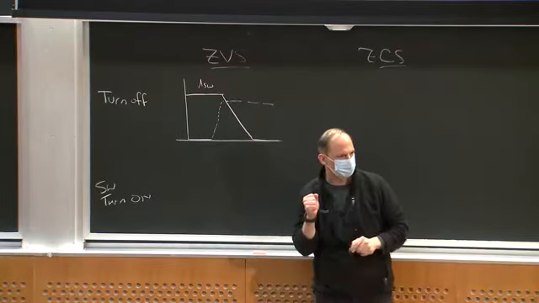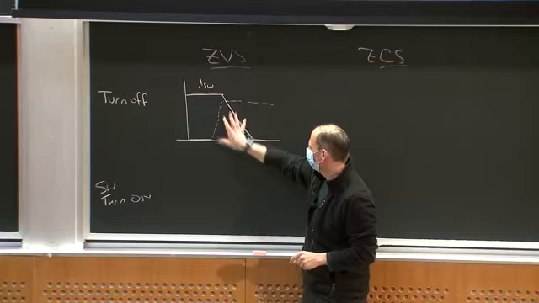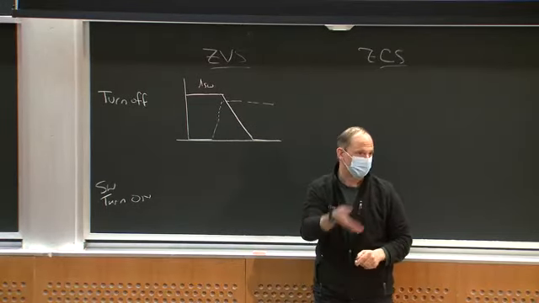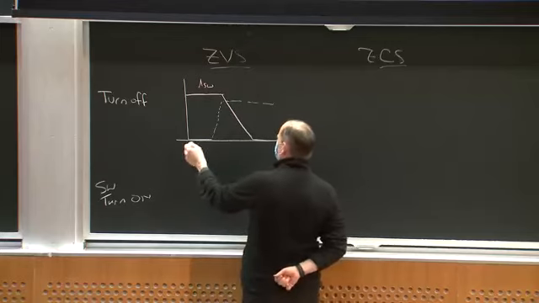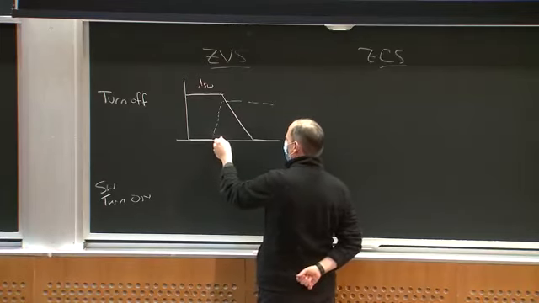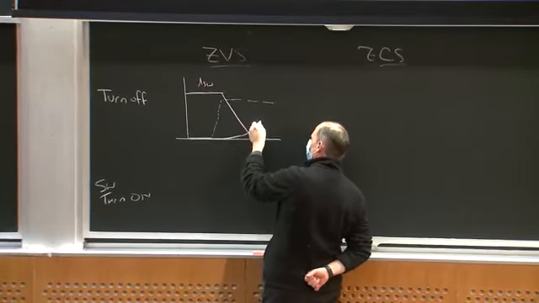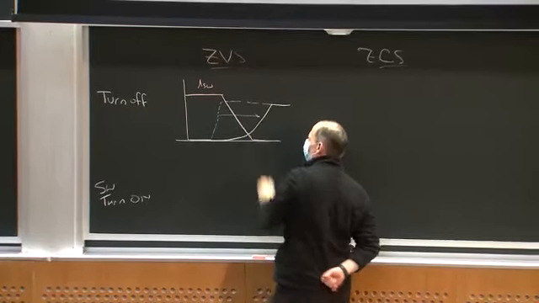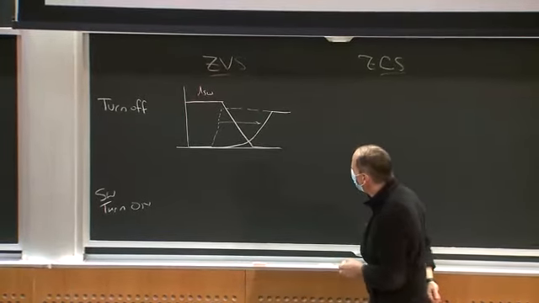To do a soft switch transition, we want to somehow delay the voltage rise, which we can do by putting a capacitor across the device, in which case we'd see the voltage rise more slowly, like this, and we would delay the rise.